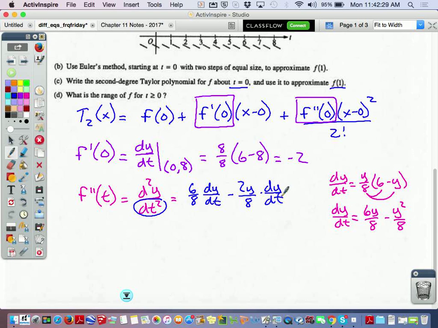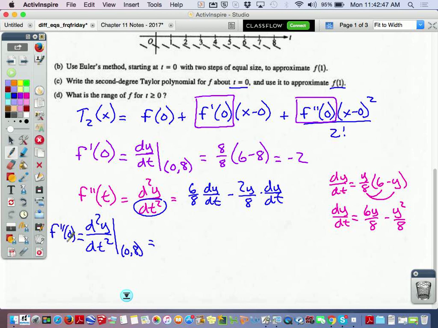Now that's my second derivative. What we need for the Taylor polynomial is this second derivative at the point (0, 8). And that's what would give us our second derivative at 0.